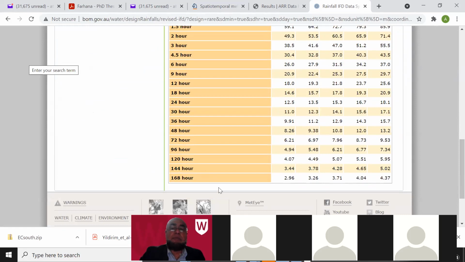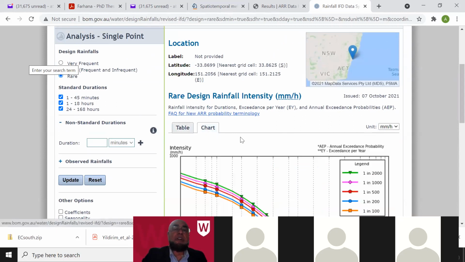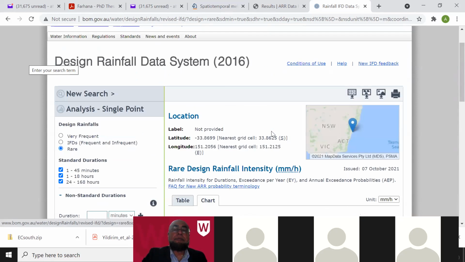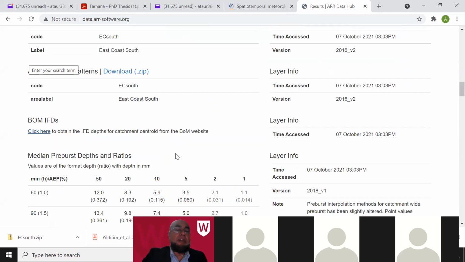I think we discussed IFD before. You can get the graph of this as well. If you ask for chart, then you'll get the chart of the IFD as well. So this is the rainfall information from the IFD.